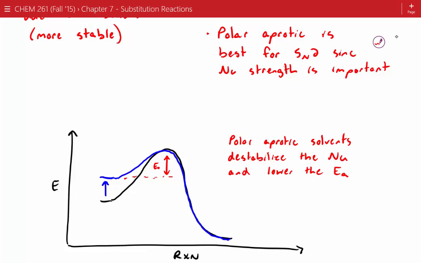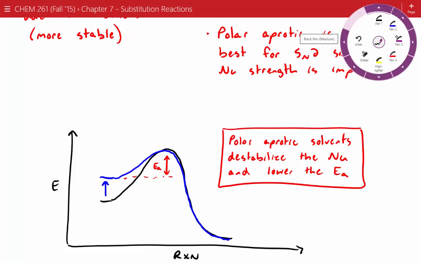Nucleophilic attack is all about lowering activation energy, right? So by destabilizing our nucleophile, we're going to lower that activation energy required for that reaction. Does that make sense? It's a little bit weird to think about, but let's go through and make kind of a summary sheet.